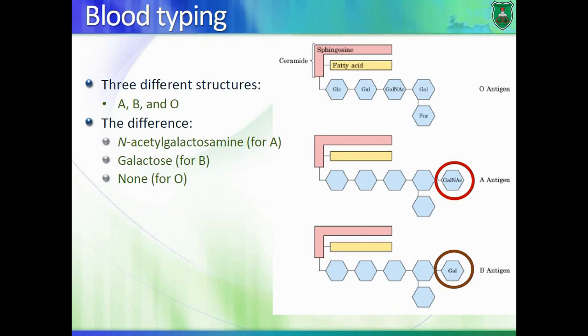One last application on the importance of sugars, specifically in glycoproteins and glycolipids, is for blood grouping, or the ABO system. There are different ways to type blood groups, but this system depends mainly on the sugar, which is the ABO system.